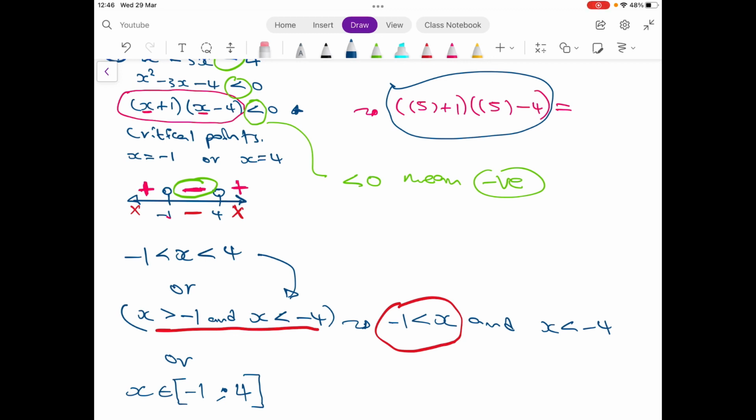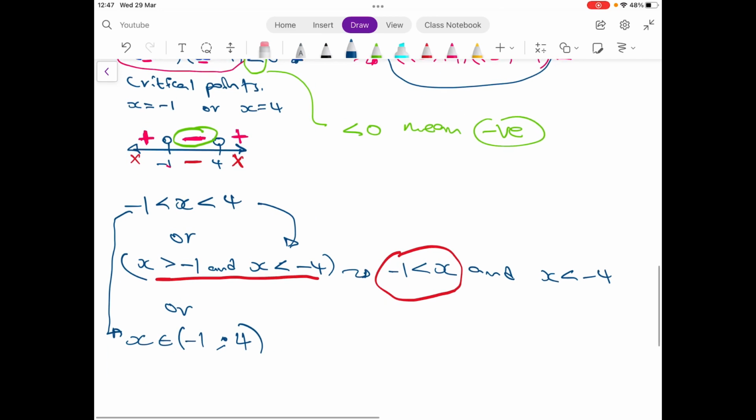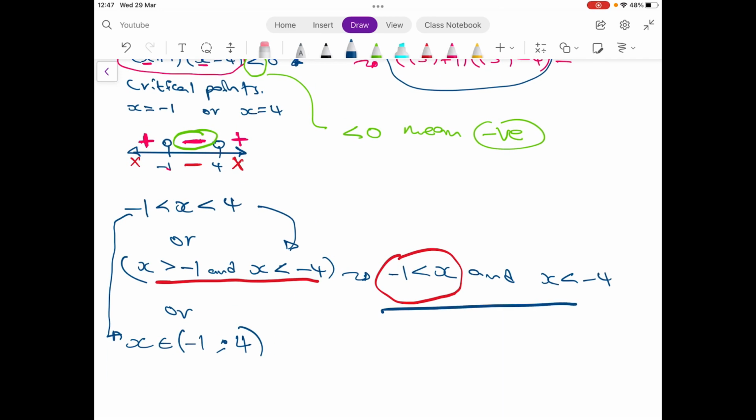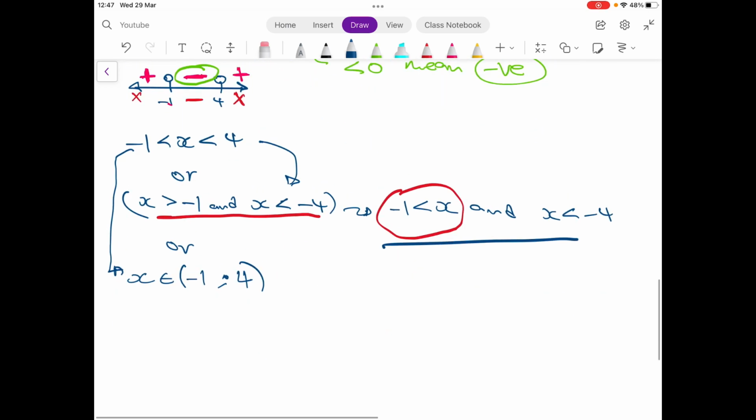In our situation, we are not supposed to include them, so we are going to write it like this. That means we are excluding negative 1 as well as 4, but we are looking at between negative 1 and 4. That's another way of writing the same thing.